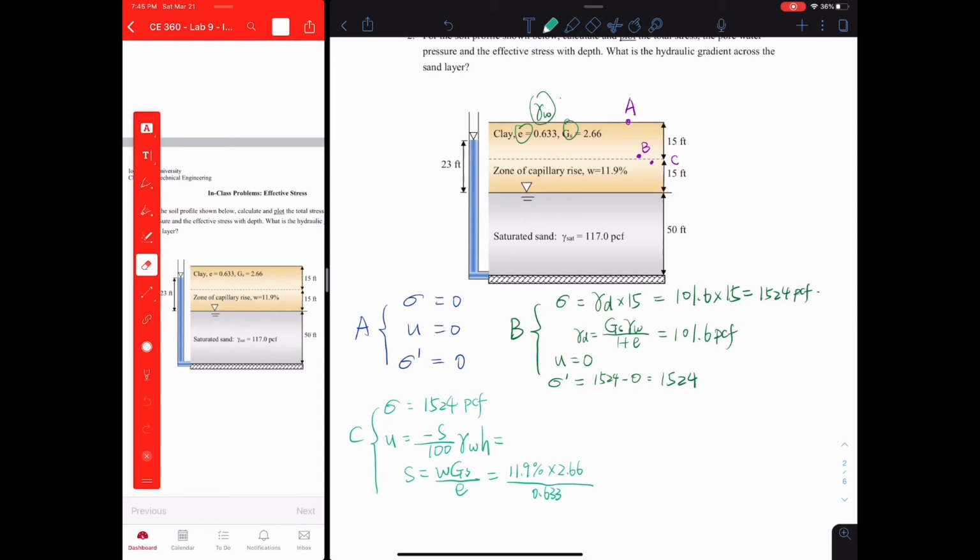So S is calculated to be 50%. Then we get the function here to be negative 0.5, and the constant gamma W, which is 62.4. The depth is 15, and the final answer is negative 468.